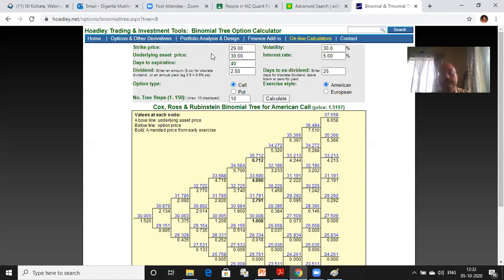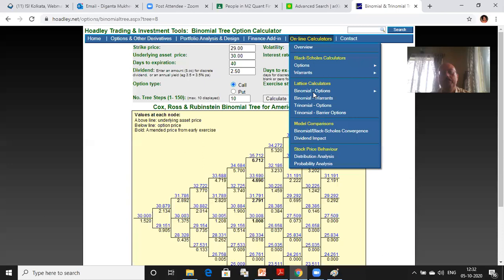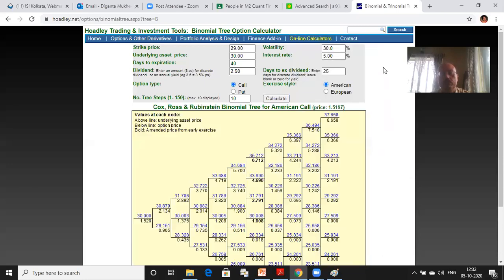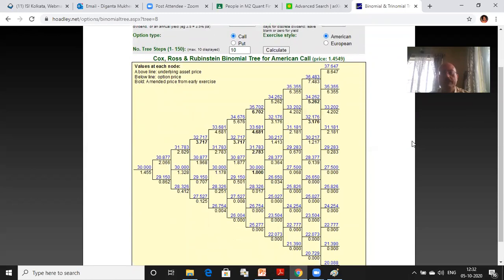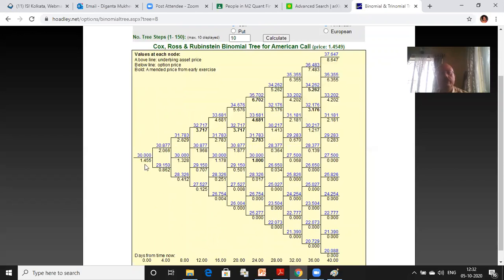Of course, there is an interest rate here, so there is some change in these numbers. In my example, I assumed interest rate to be 0. So if I put 0 here, it will change. It will become 1.455.